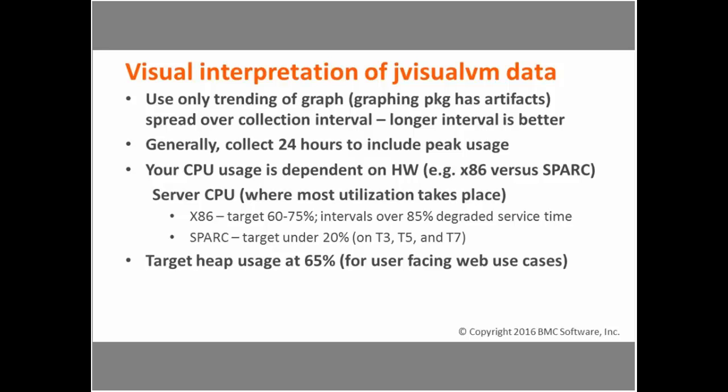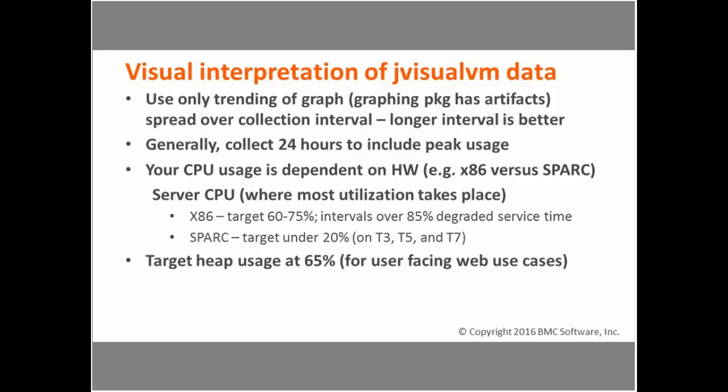Now, if you're on a SPARC like a T3, T5, or T7, target under 20%. So it's just some guideline for you, but I think you can get more info from your vendor, in this case probably Sun, SPARC, Oracle, okay?